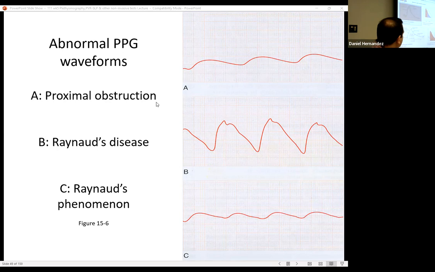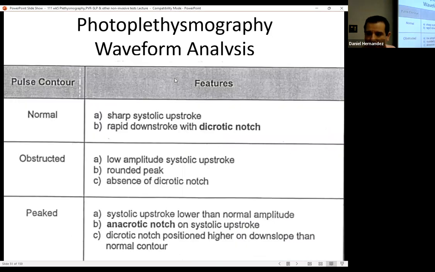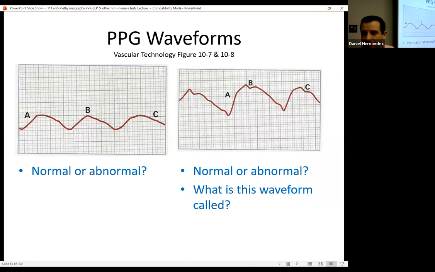Some measure showing an anacrotic notch. This one's abnormal, the first one's abnormal, stenotic, or at least mostly. And the second one looks like Raynaud's, a peaked waveform.